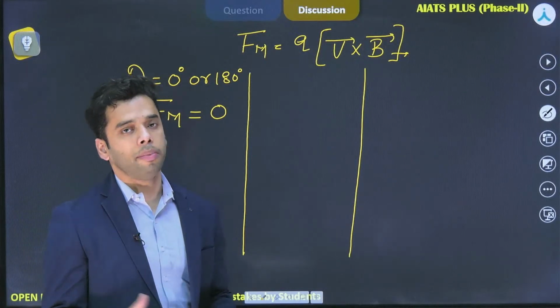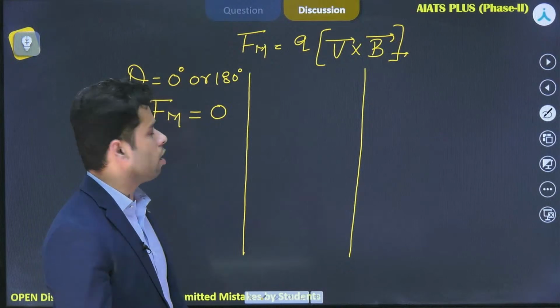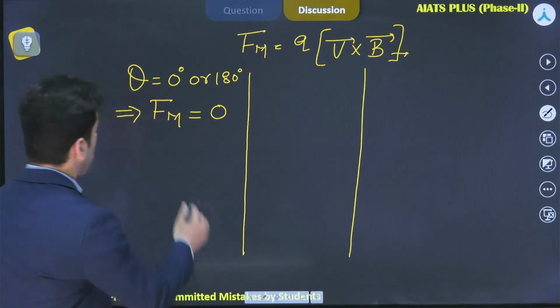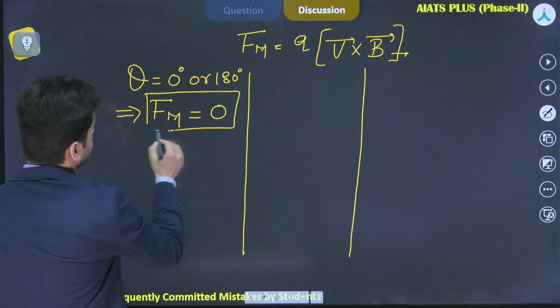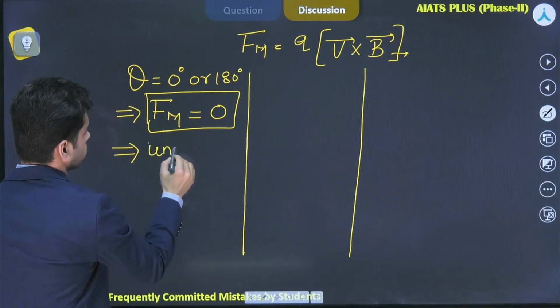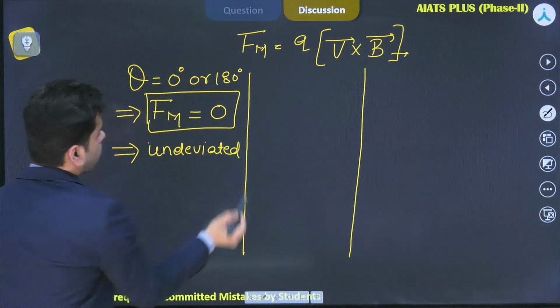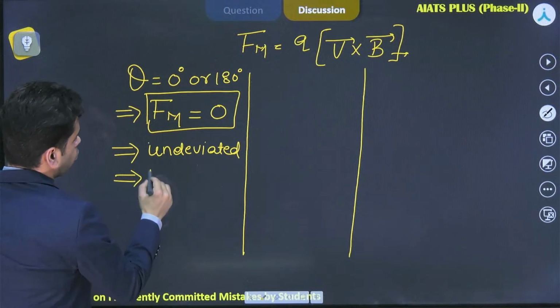The magnetic force will be 0 because qvB sine theta, either sine 0 or sine 180, will be equal to 0. So magnetic force on the charged particle will be equal to 0, right? It means that particle will pass undeviated, or it will continue to move in a straight line.